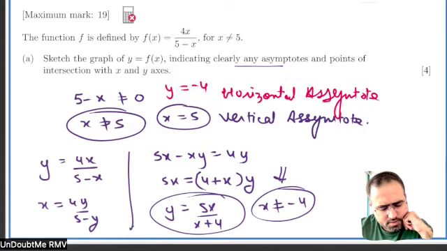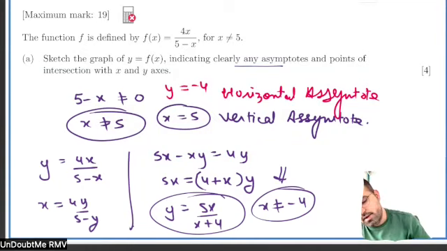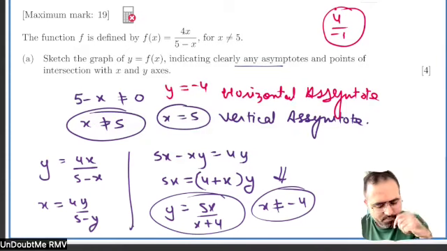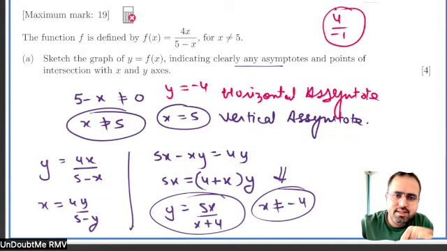Here 4x means the coefficient of x is 4, and 5 minus x means the coefficient of x is -1. If you divide 4 by -1, you get -4. You can take any other example and check. They didn't say anything else other than this.